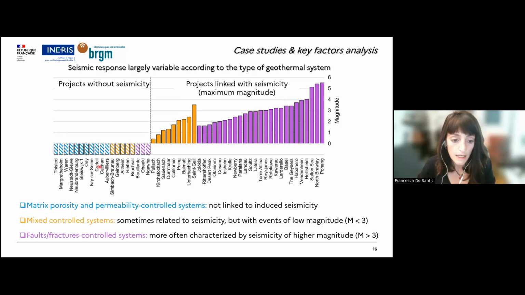What we observe is that matrix porosity and permeability controlled systems are generally not linked to induced seismicity, at least for the projects in this category that we have selected.